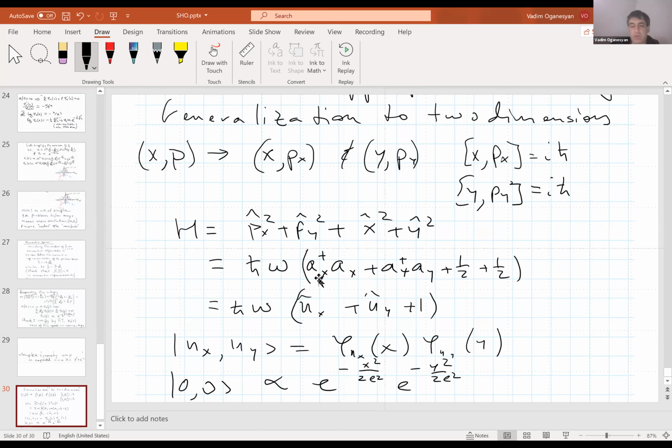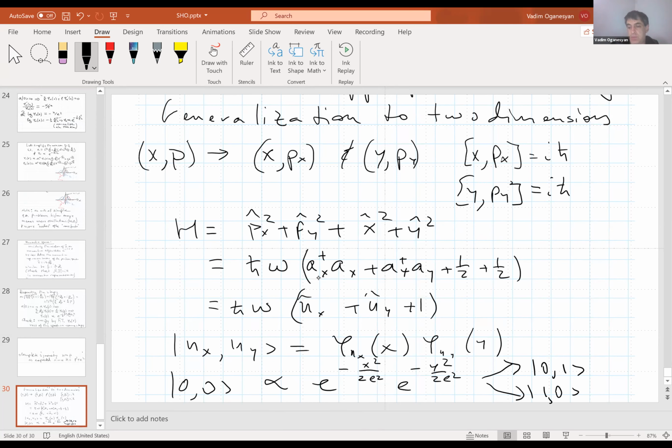So the ground state is what it is here, but now you can see that the excited state can be 0, 1 or 1, 0, and they have the same energy. So whereas previously you used to have just one excited state, in 2 dimensions your first excited state will be doubly degenerate.